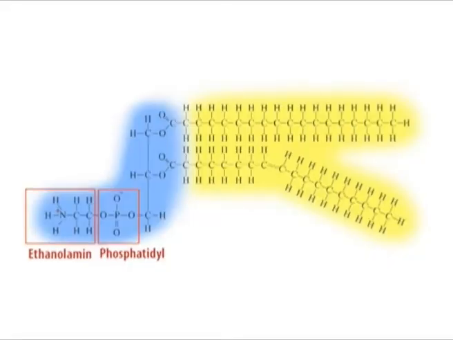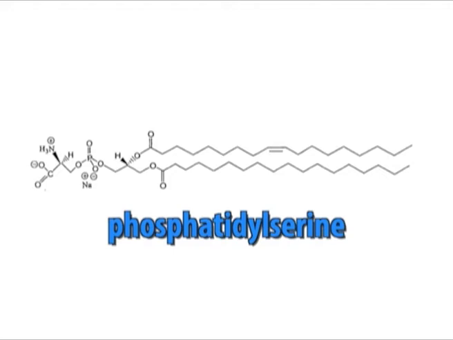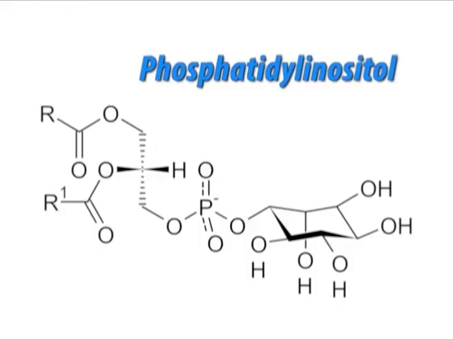The 2 other major membrane phospholipids, phosphatidylethanolamine and phosphatidylserine, as well as the minor phospholipid phosphatidylinositol (PI), are all synthesized in this way.